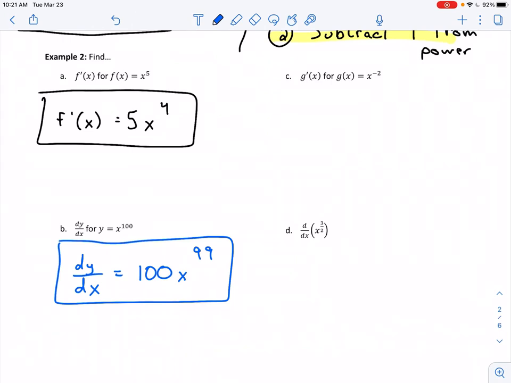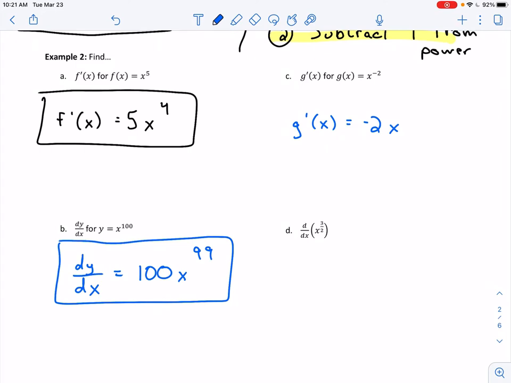Next, g of x equals x to the negative 2. So if I'm working with this function right here, the power rule does work for negative exponents, but we do just need to be a little bit careful with our power. When I find g prime of x, I'm going to, again, multiply by my power, so negative 2x, and I want to subtract 1 from this power, and here we just want to be really careful with our signs.